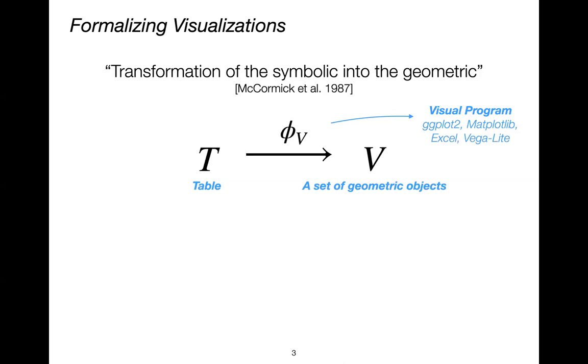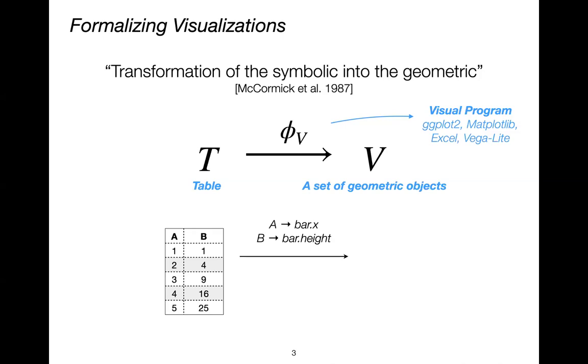A table is something we're familiar with. It's relational data. Here is a very simple data set containing two columns, column A and column B. The mapping essentially maps columns in the table to attributes of the data visualization.